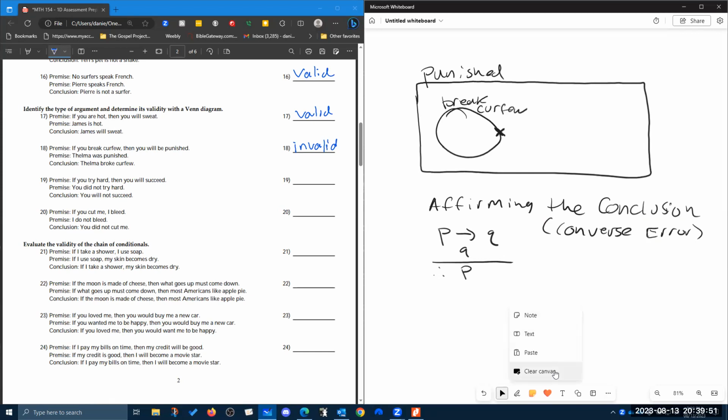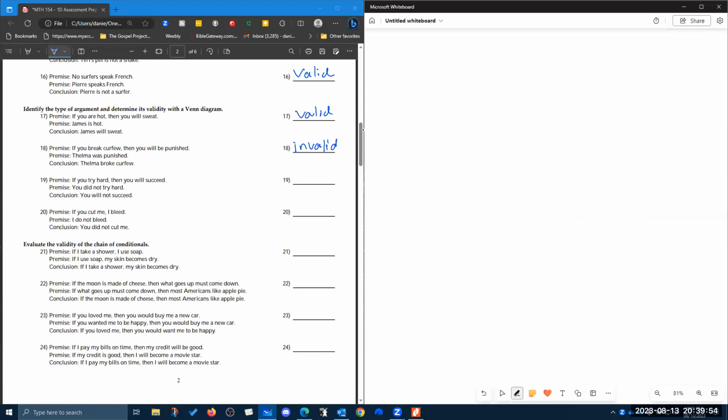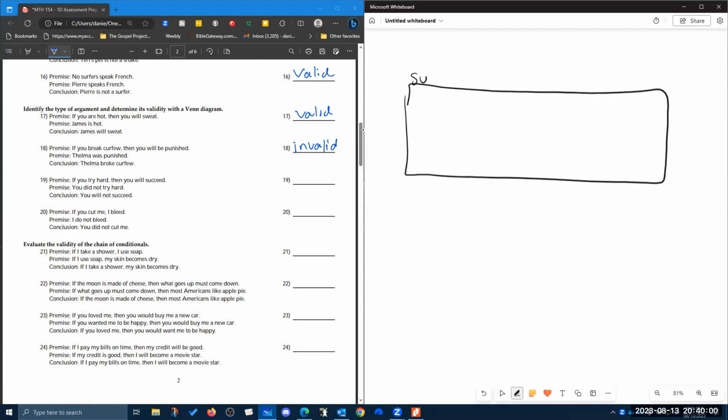Number 19 says, if you try hard, then you will succeed. People who succeed are out here. People who try hard are in here. You did not try hard, therefore you will not succeed. It doesn't say trying hard is the only way to succeed. So you didn't try hard, but you may succeed or you may not. So this is invalid.